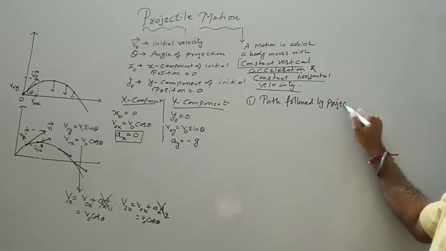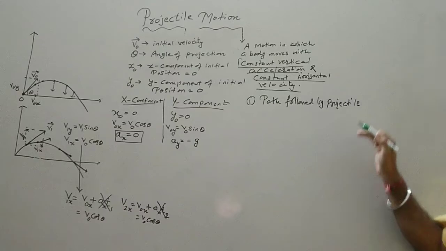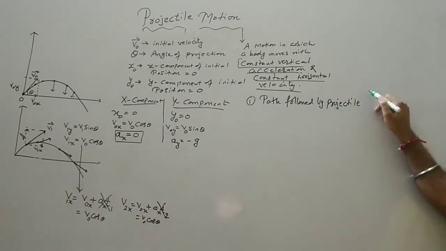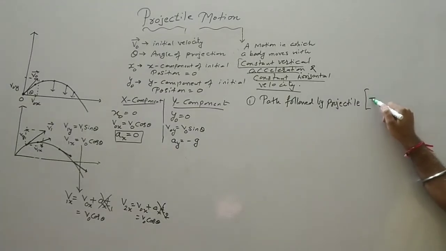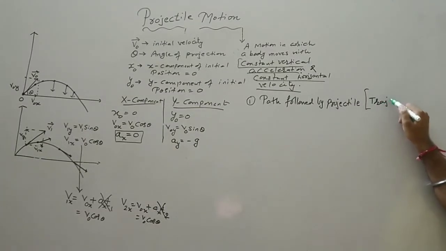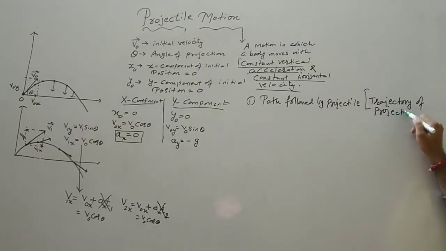Any body which performs projectile motion is sometimes referred to as a projectile. Path is also known as the trajectory of a projectile. So whatever path a body follows, we refer to this as the trajectory of a projectile.